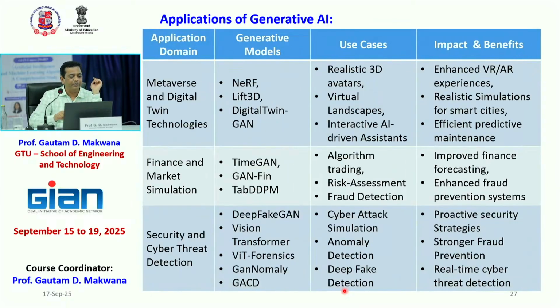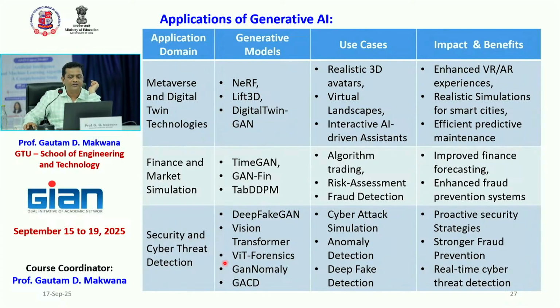Okay, metaverse and digital twin technologies. That is your different model, and this is your realistic 3D avatar. Then virtual landscape, interactive AI-driven assistant, finance and market simulation. So there are different domains of this architecture, GAN architecture: algorithmic trading, risk assessment, and fraud detection.